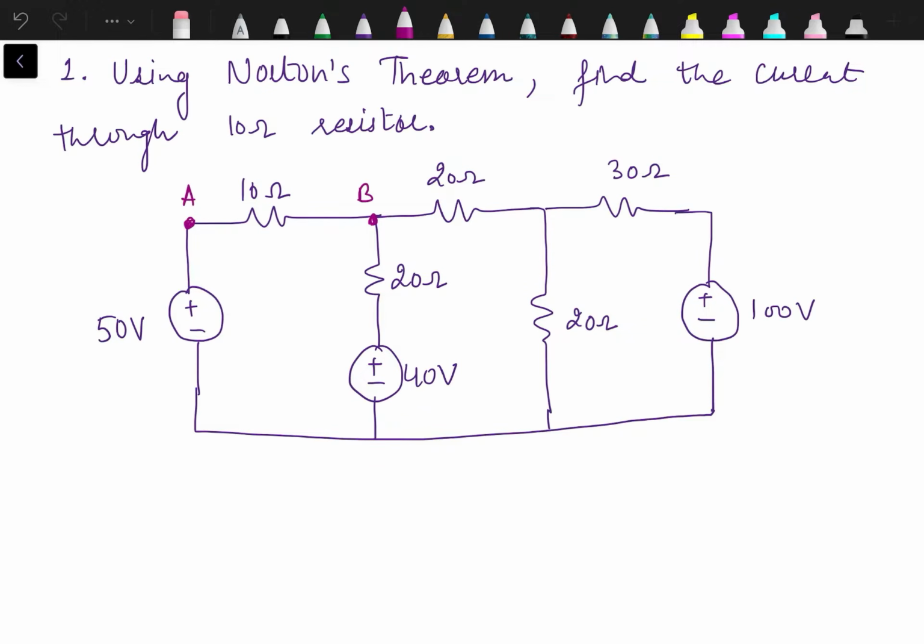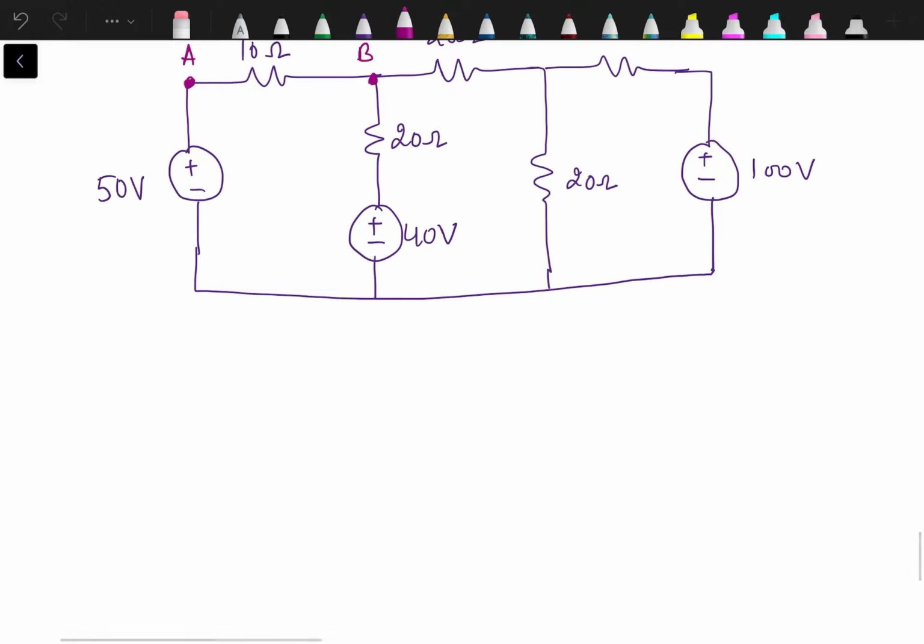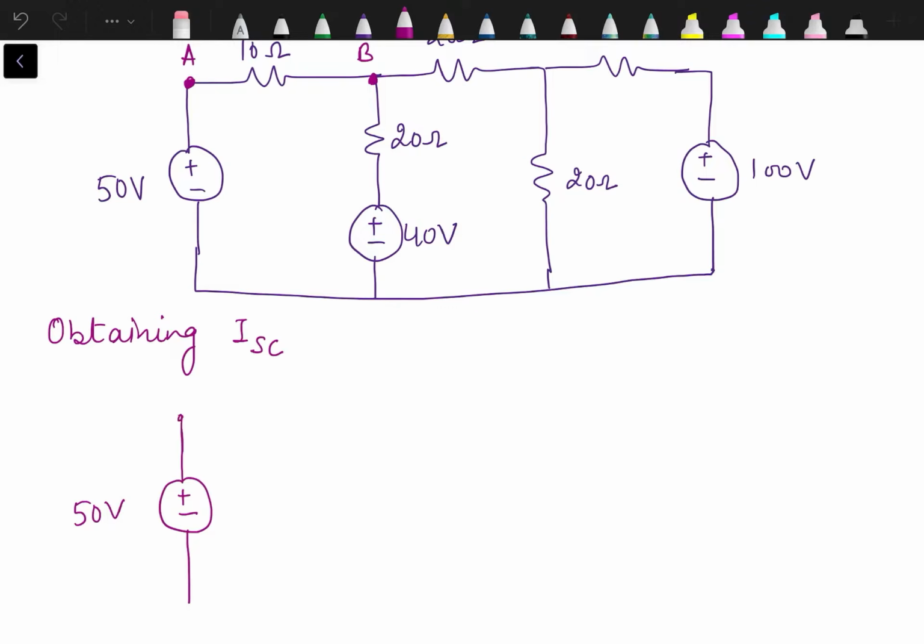Now in order to obtain the Norton equivalent, we have to replace the whole circuit except this 10 ohm resistance by a single current source in parallel with a single resistance. The value of that current is equal to the short circuit current through the load terminals. So our first step is obtaining ISC. For obtaining ISC, we need to replace the load resistance by a short circuit.